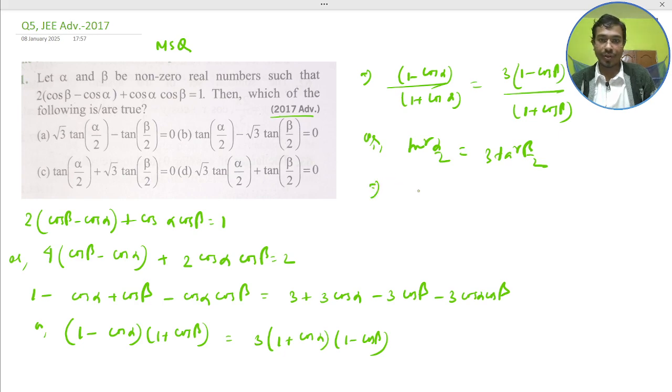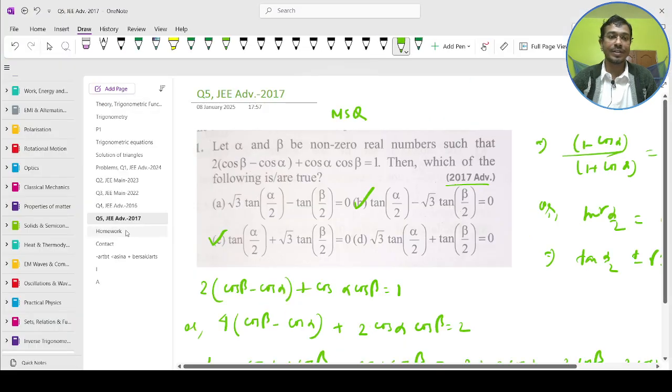So we get tan alpha by 2 plus minus root 3 tan beta by 2 equal to 0. So B would be an answer, tan alpha by 2 minus root 3 tan beta by 2 equal to 0, and another one, C, also: tan alpha by 2 plus root 3 tan beta by 2 equal to 0. So we just covered here 5 important questions coming in JEE Main and Advanced.